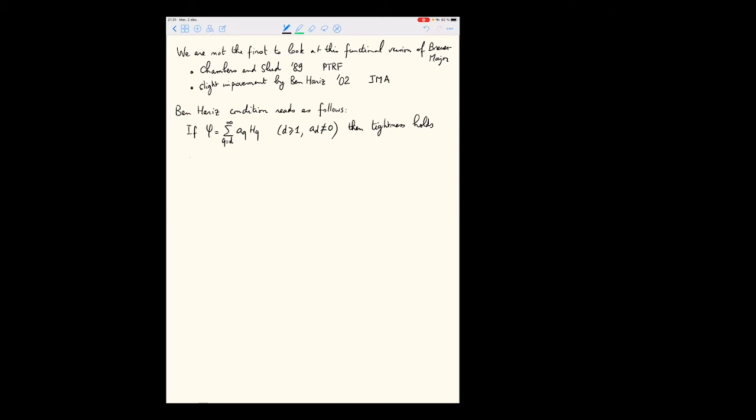So it holds as soon as, and now let me write Ben Harris' condition, there exists r strictly bigger than 1, such that the sum over q between d and infinity, square root of factorial q, absolute value of a_q, and then the sum of r_k power q, power 1/2, and my r power q, is finite.